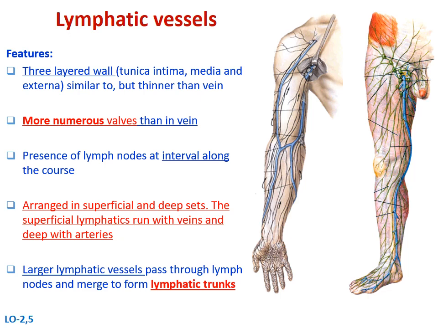Larger lymphatic vessels pass through the lymph nodes and merge to form the lymphatic trunk. Now, can you see these vessels? They are going to these lymph nodes, and the lymphatic vessels that exit from the lymph nodes are efferent lymphatic vessels.